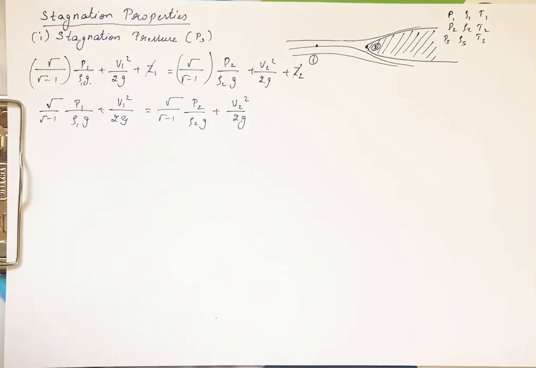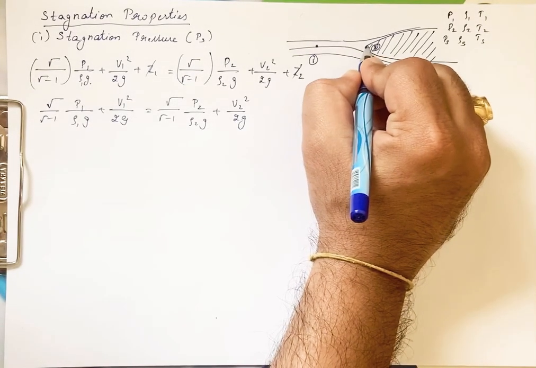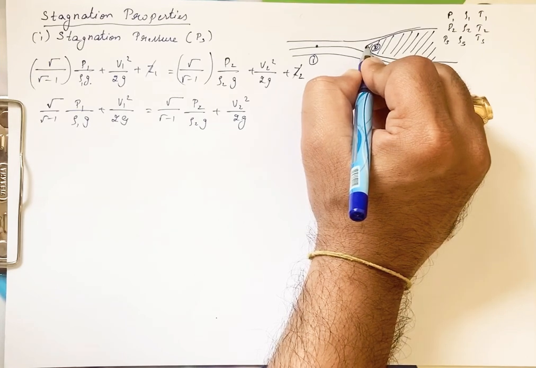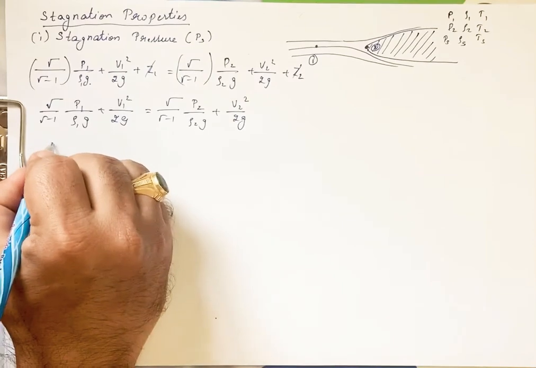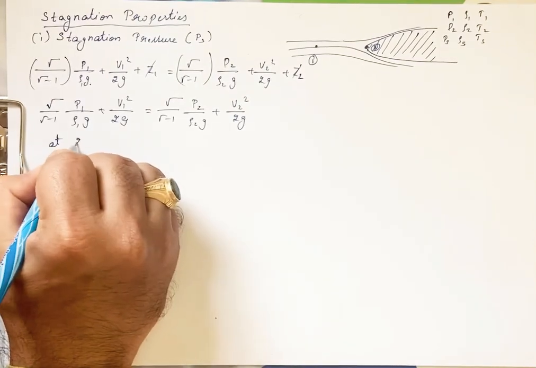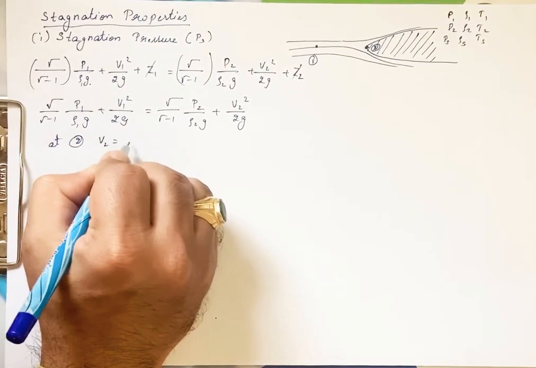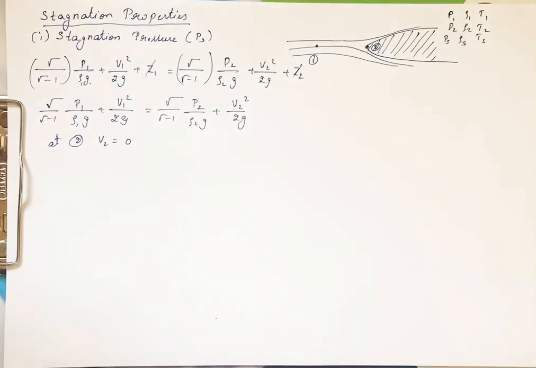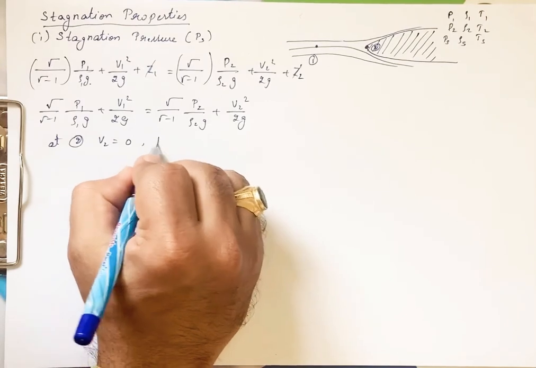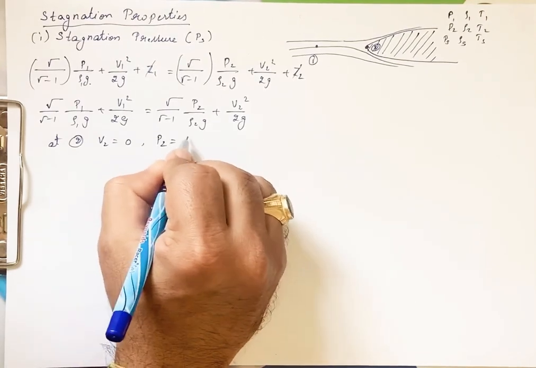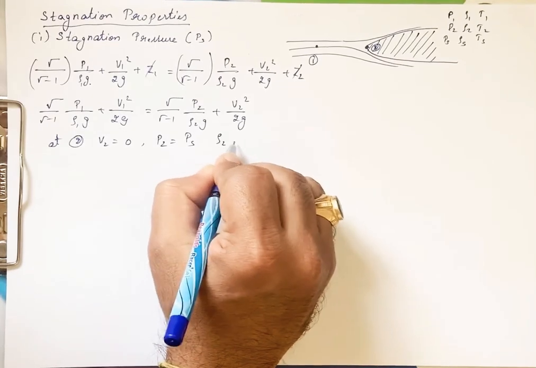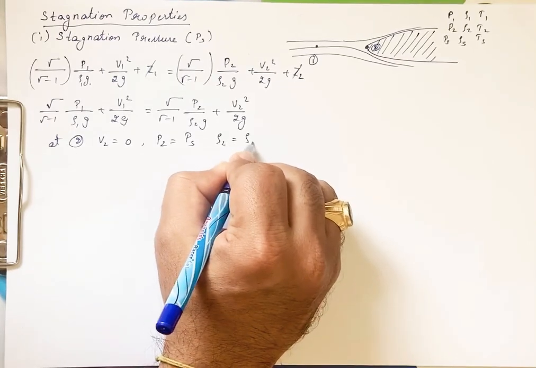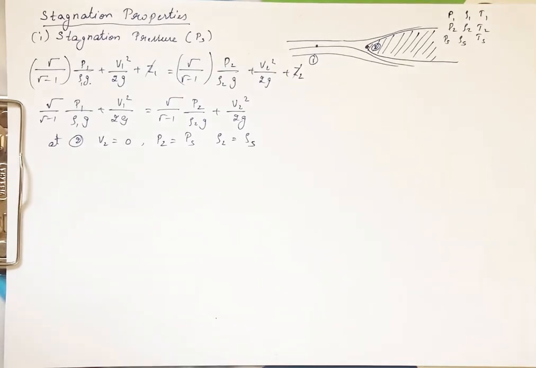Now, point 2 is the stagnation point, so the velocity V2 will be 0. When V2 is 0, the pressure P2 will be equal to Ps, the stagnation pressure, and density rho 2 is equal to rho s, the stagnation density.